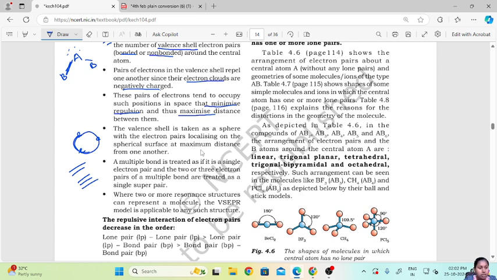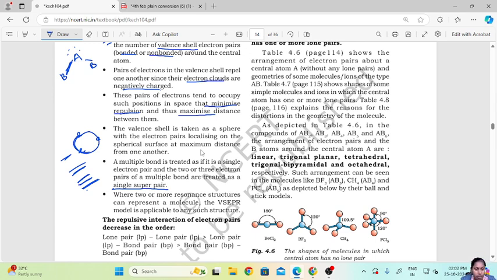In this case, the double or triple bond is called a single super pair.